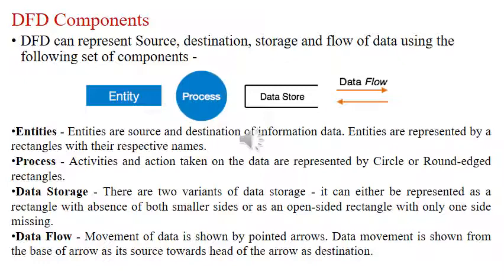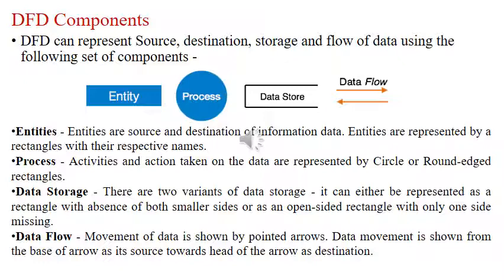Second is process. So process is activities and actions taken on the data are represented by circle or round edged rectangles. So these are mainly focused on what type of actions we are performing on the data set. Third is data storage. There are two variants of data storage.